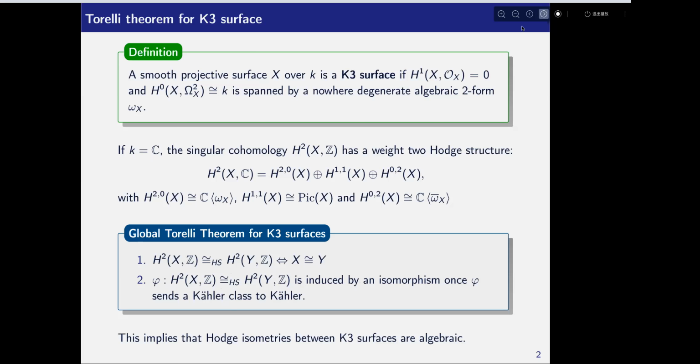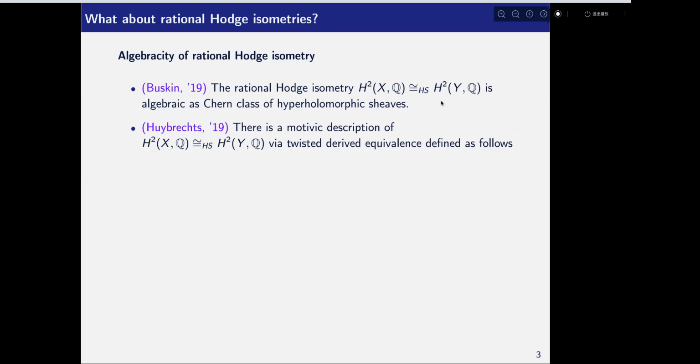The question arises for rational Hodge isometries, because we have that integral Hodge isometries are algebraic. This is predicted by the Hodge conjecture, and the Hodge conjecture also predicts that rational Hodge isometries will be algebraic.